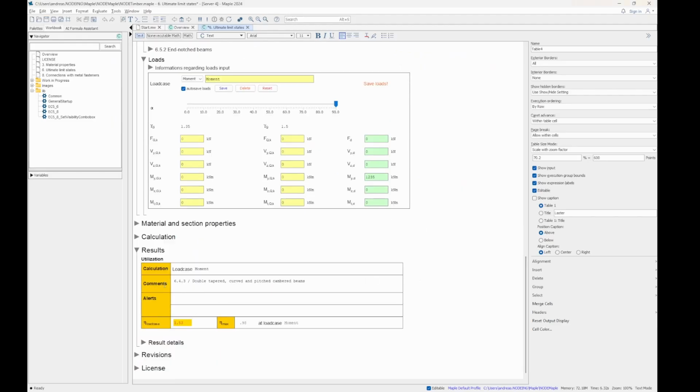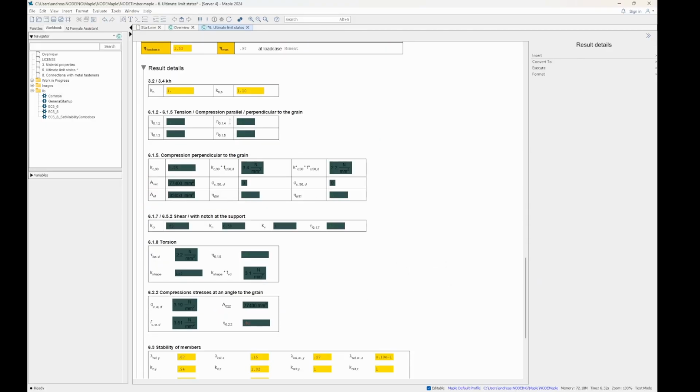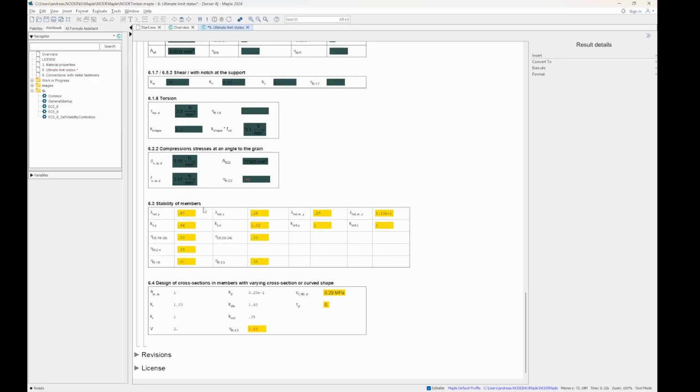And the result of this one is 6.4.3 double tapered curved or pitched cambered beam with a utilization of 1.53. The stability is not so important here as this one is already restricted, but we do have the values which are necessary for the other calculation, which are shown here.